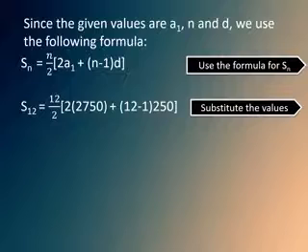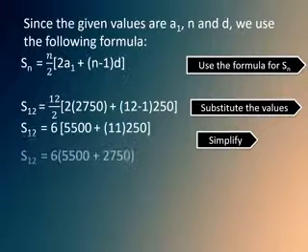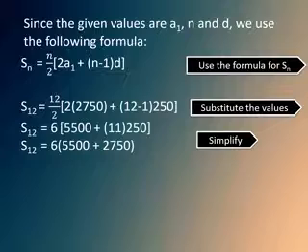Operate for the sum. It becomes S sub 12 is equal to 6 times the quantity 5,500 plus 11 times 250. Simplify, it becomes S sub 12 is equal to 6 times the quantity 5,500 plus 2,750.